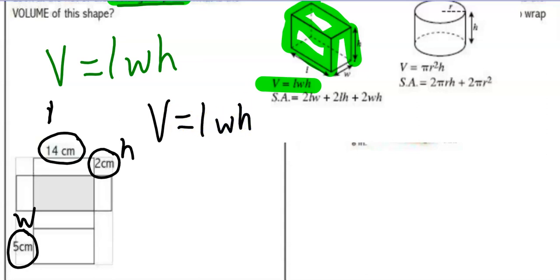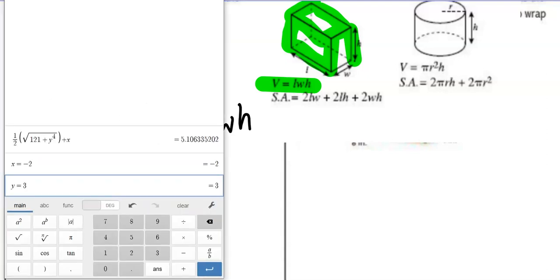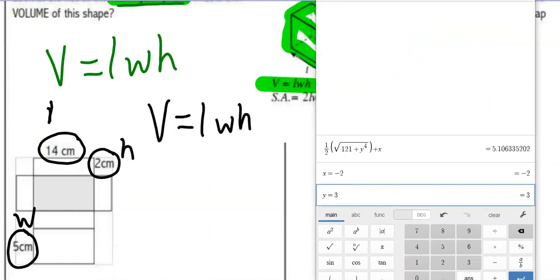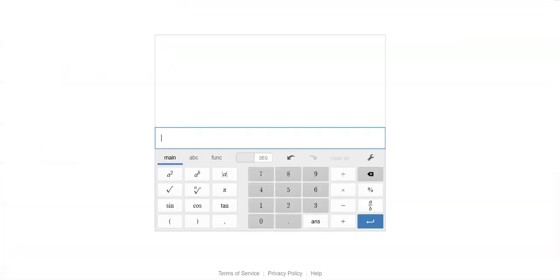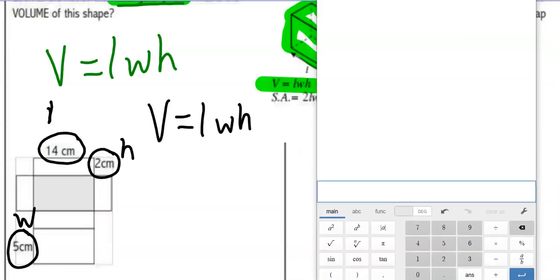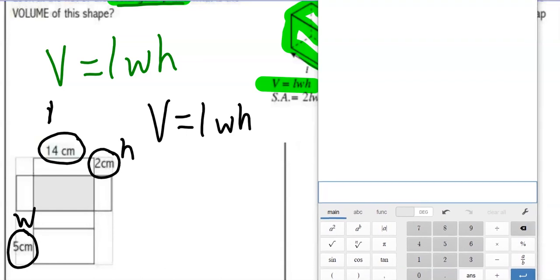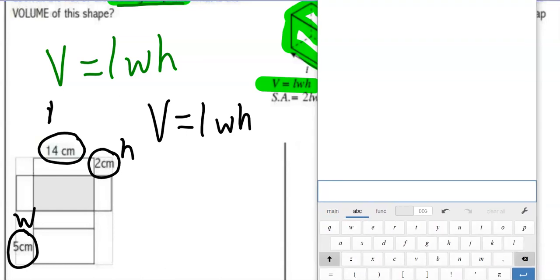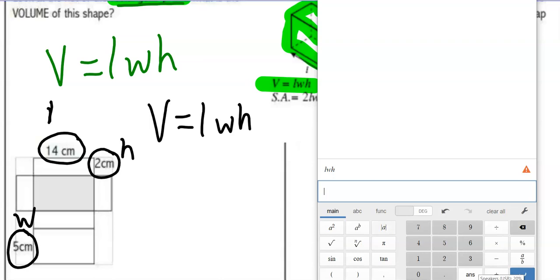We can use our Desmos here, so you can do that if you like. Using our Desmos, we can just write out our formula if we wanted. We could say LWH, and then I'm going to tell it what L, W, and H are.